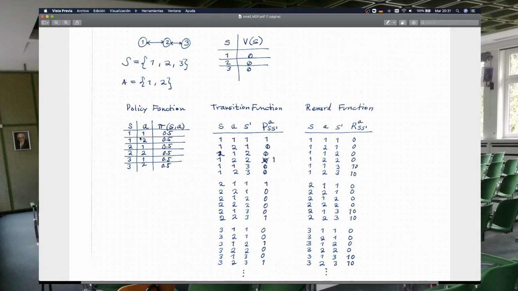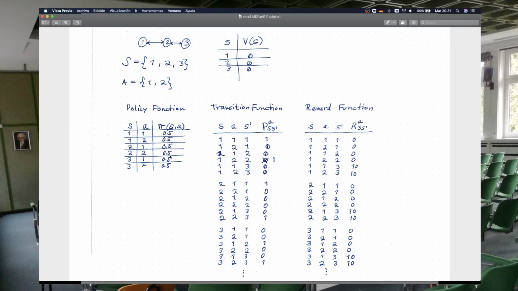In this case we have only 2 actions, so the probability will be 0.5 from each of the states. If you are in state 2, again you will have a probability of 0.5 to go left and 0.5 to go right. And the same happens with state 3. That's why you have here 0.5 in every entry. So that's the way you define the policy function.